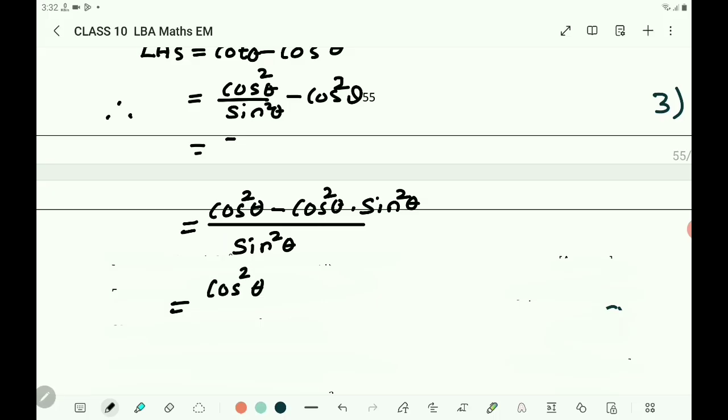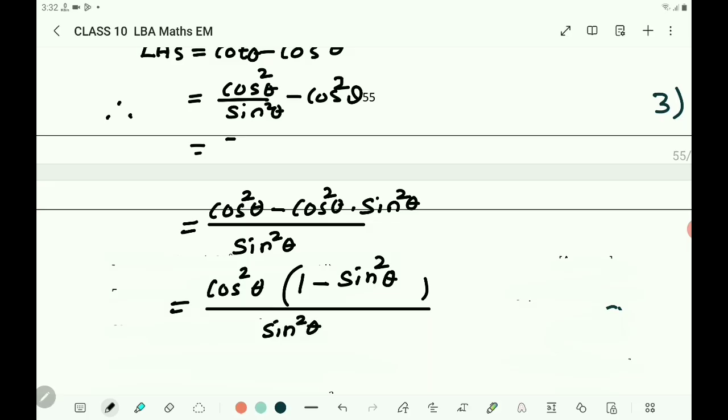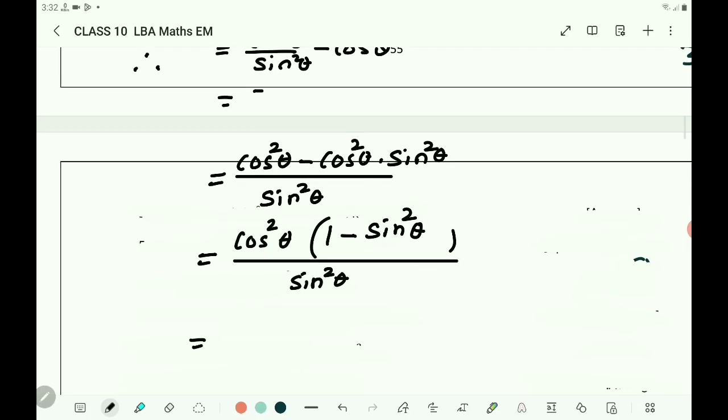Cos square theta into, here what is remaining? 1 minus, this cos square theta is outside, what is remaining? Sin square theta. 1 minus sin square theta by sin square theta. Then you write cos square theta as it is.